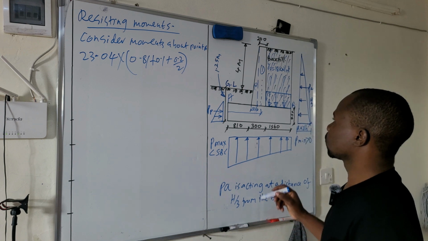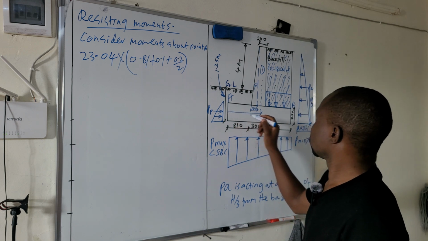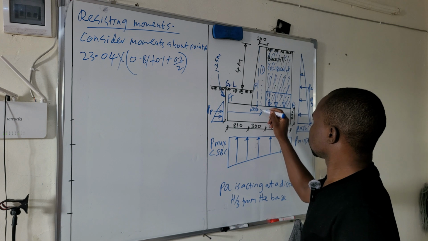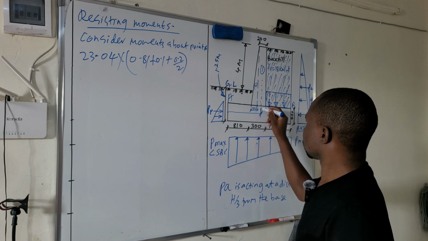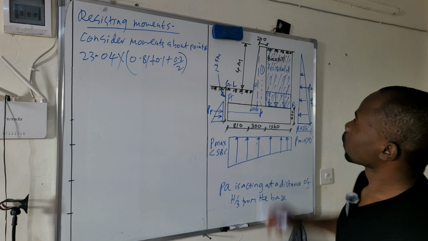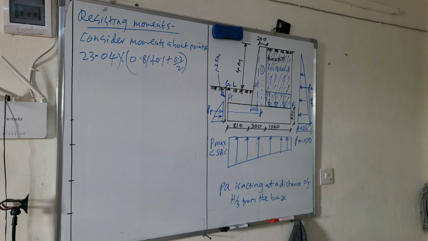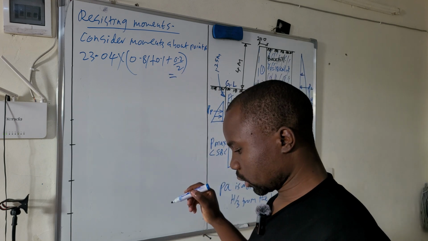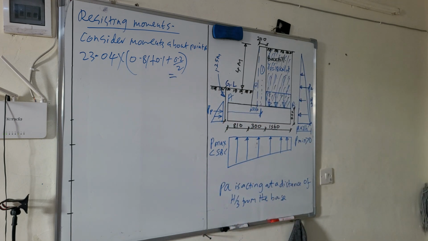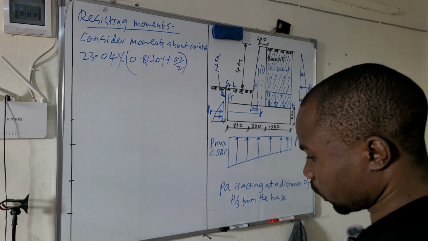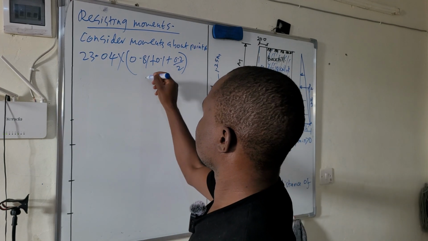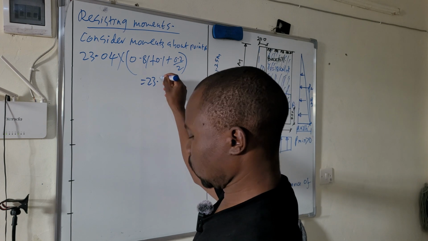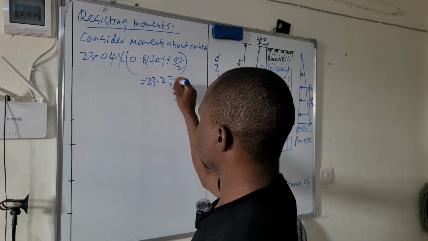So this is the distance from point A to the middle of this rectangle. And you will get your answer as, so the answer is 23.27 kilonewton meter.